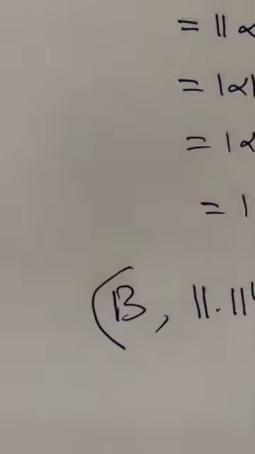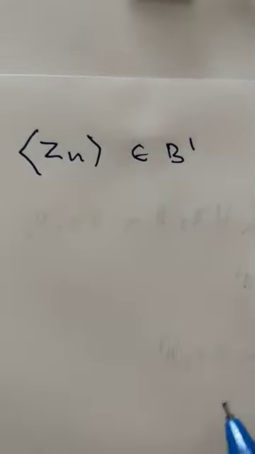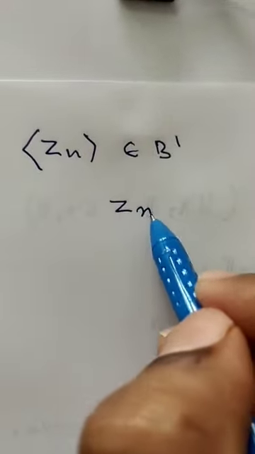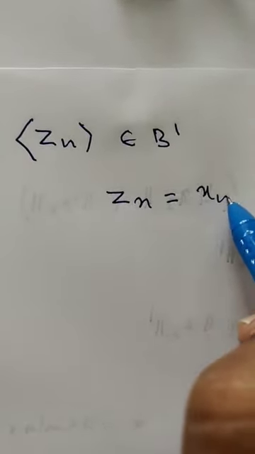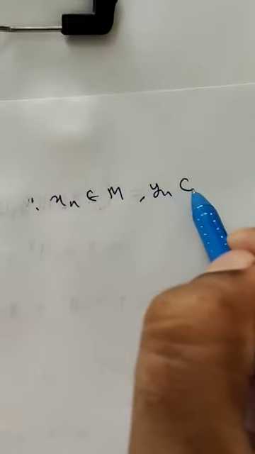To prove completeness of any space, we take any Cauchy sequence in B', say Zn is a Cauchy sequence in B'. Then each element Zn will look like Xn plus Yn, where Xn is an element of M and Yn is an element of N for each n.